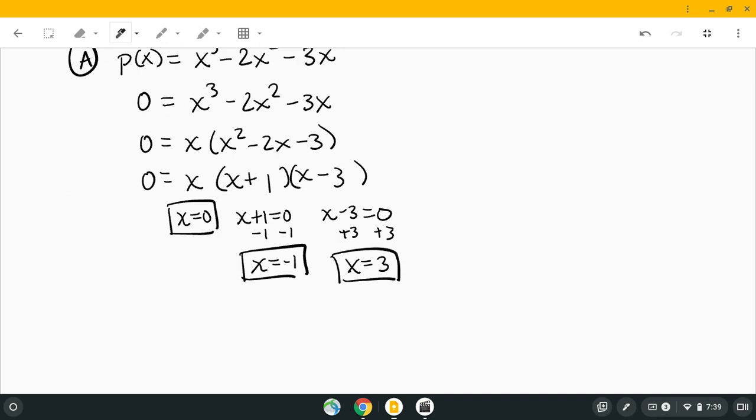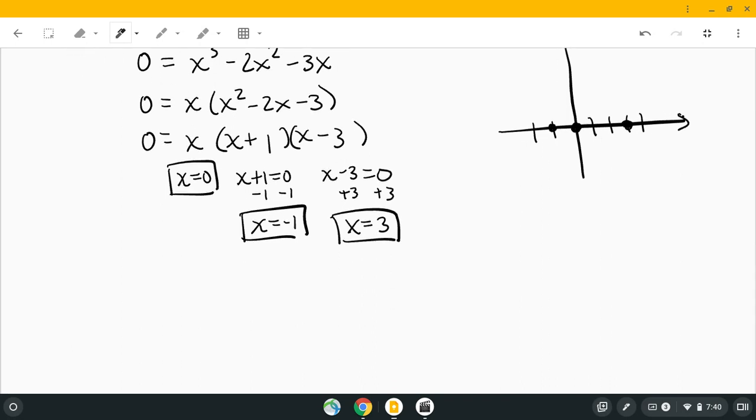So those are my 3 zeros. Okay, and what's going to happen is you're going to plot these zeros. So x equals 0, x equals -1, and x equals 3. So you would be plotting your 3 zeros here. And then you do your end behavior, but we'll do that in the next video.